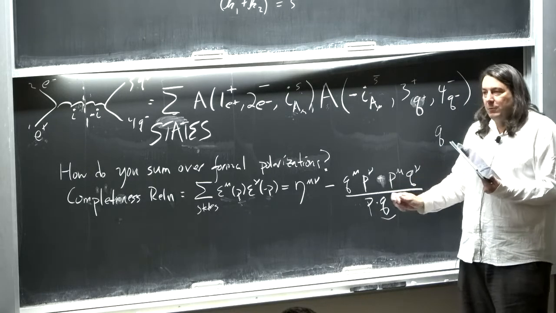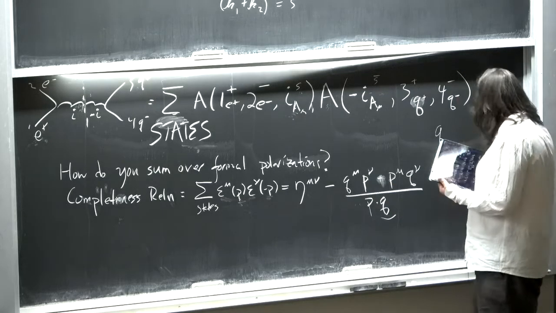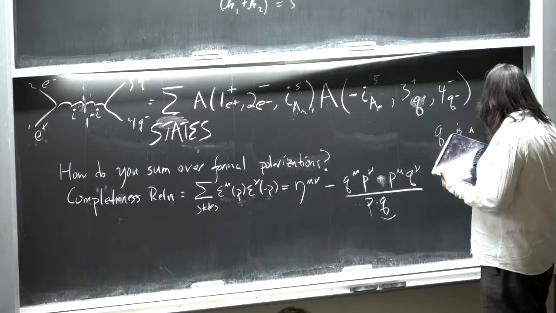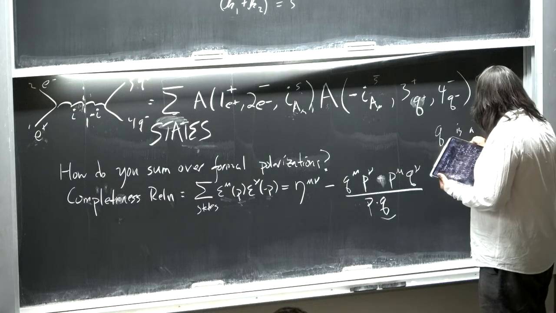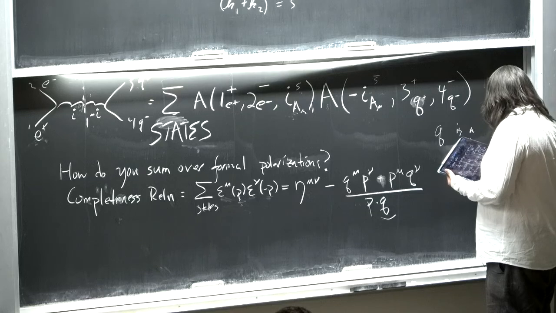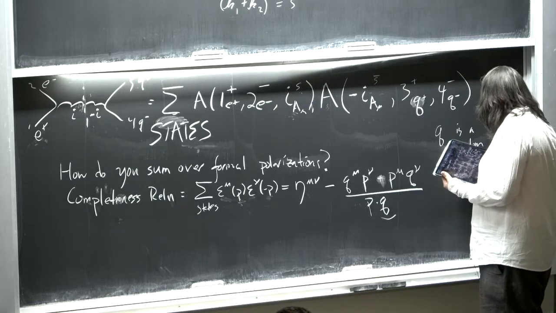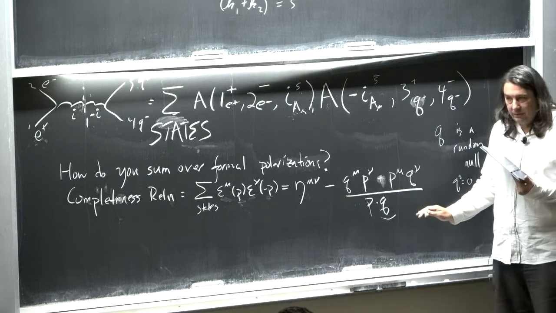Let me now tell you what's horrible about this. I've introduced a Q. What's the Q? The Q is a random null vector. What does that mean? Q squared has to be 0, and that's all it means.